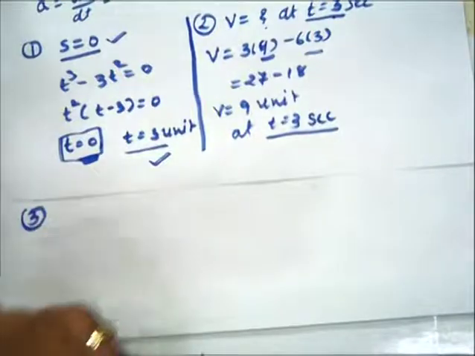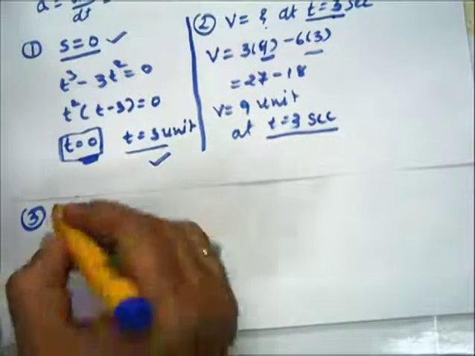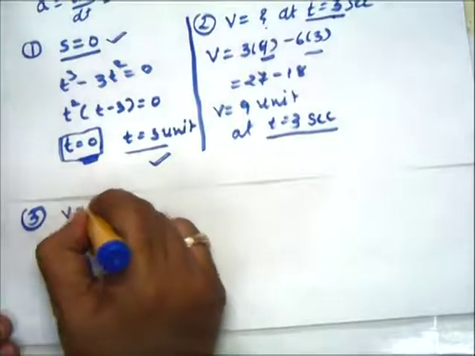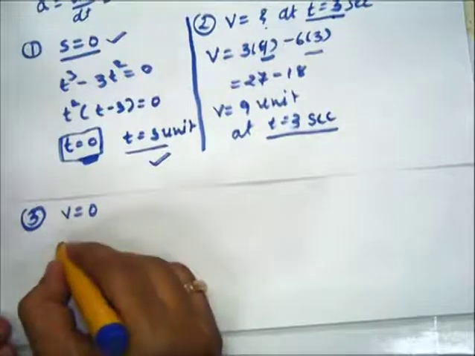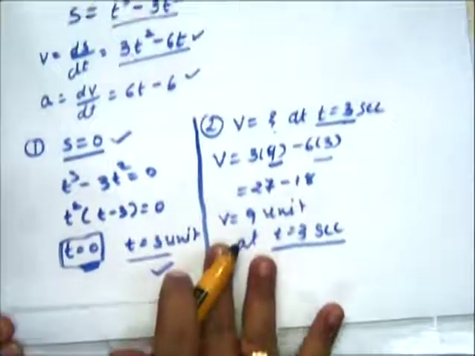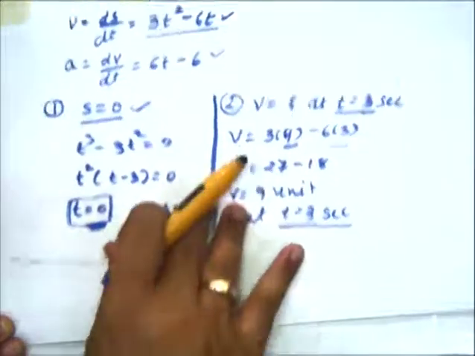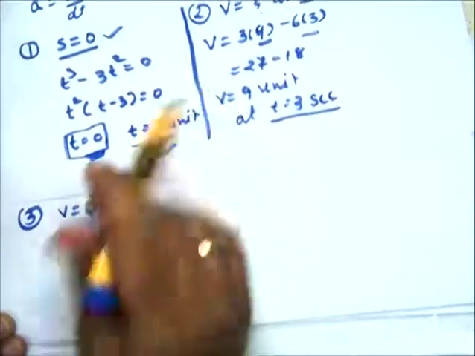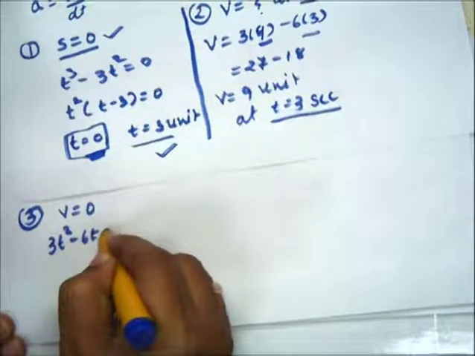Now let us have the answer of the third question, that is when it will stop. So we have to get v equal to 0, because at that time it will stop. So v is nothing but 3t square minus 6t, equal to 0.